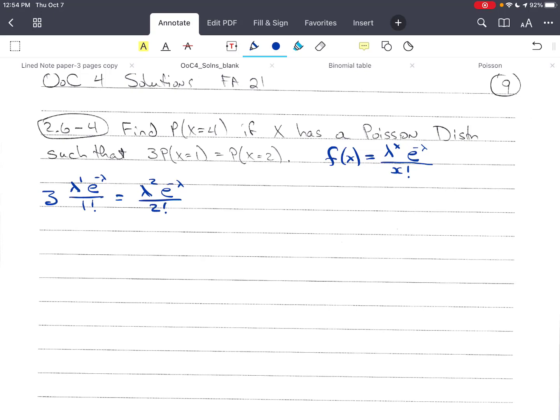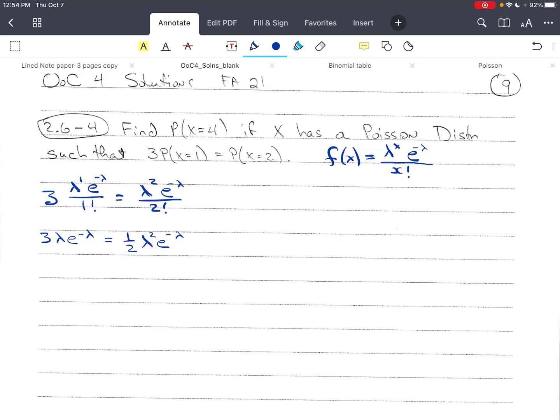And so we have 3 lambda e to the negative lambda is equal to 1/2 lambda squared e to the negative lambda. Do not cancel out. You can both have e to the negative lambda. We can factor that out, which is fine.